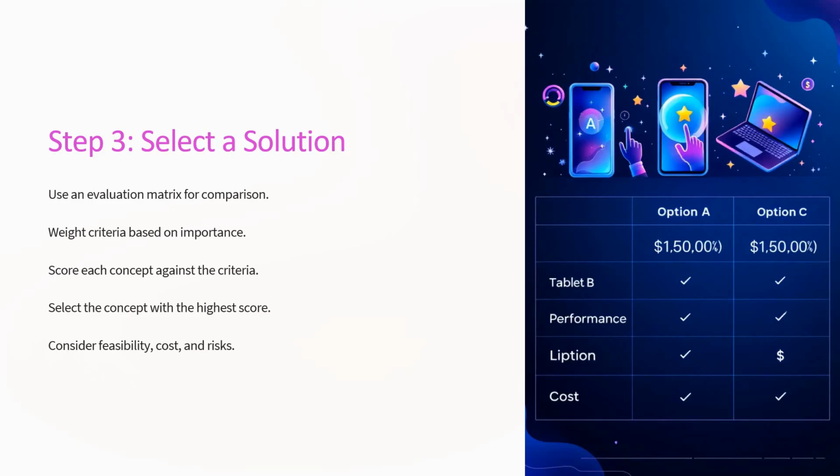So this method prevents bias or personal preferences from dominating, it brings logic and transparency to the design making process. So at the end, we select the concept with the highest score, not just the most exciting one, but the one that makes the most engineering sense.